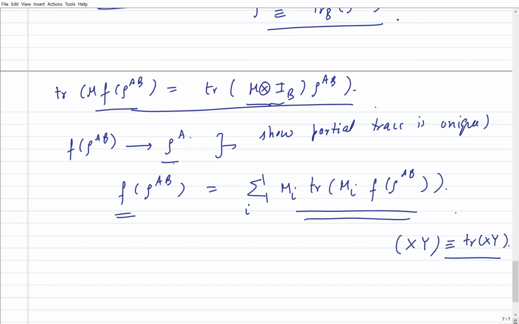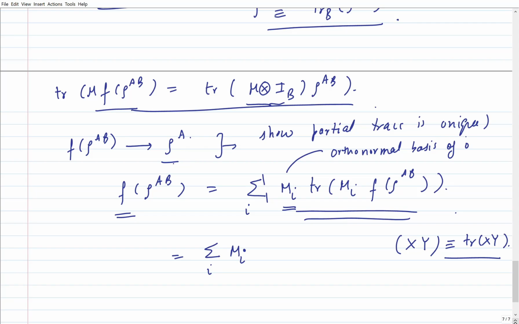So once I do that, what do I get? This guy is equivalent to some orthonormal basis of operators.